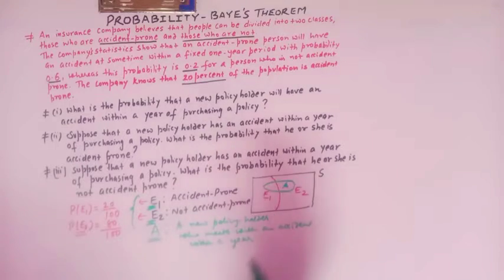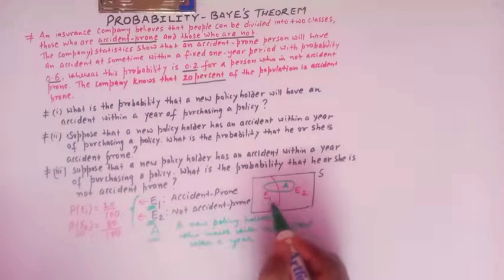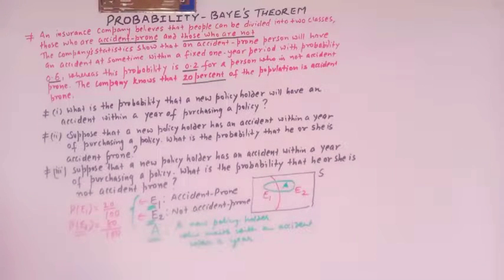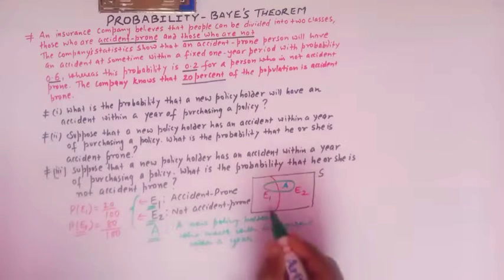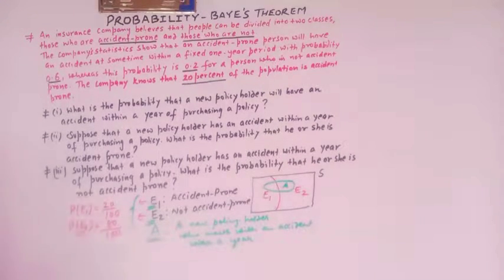So hence A is associated with both these events, E1 and E2. Therefore the concept of the law of total probability will be used, where E1 and E2 are mutually exclusive and exhaustive.